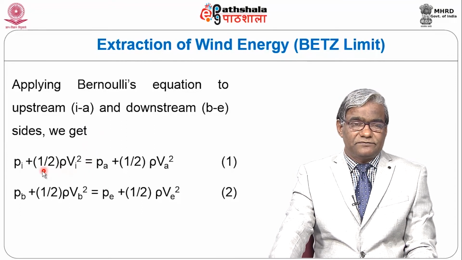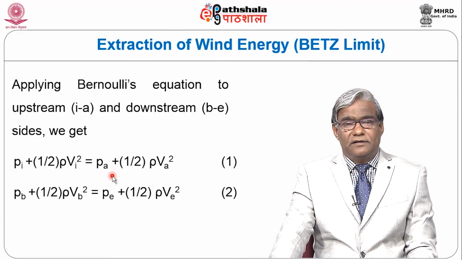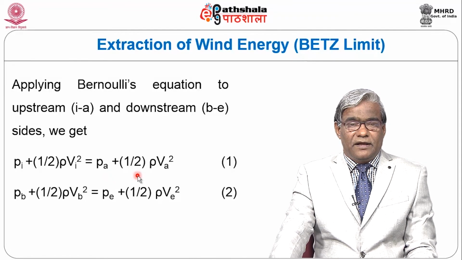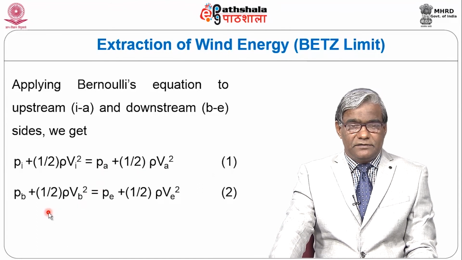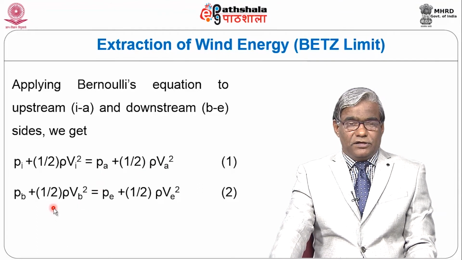Equation number 1 has the pressure P I and the kinetic energy, and equation number 2 has the pressure at the downstream side and its kinetic energy.